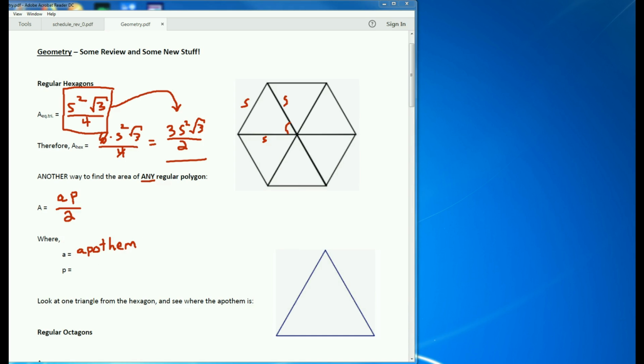So no, the apothem is the perpendicular distance from the center to the middle of a side, right there. Okay, that's the apothem.